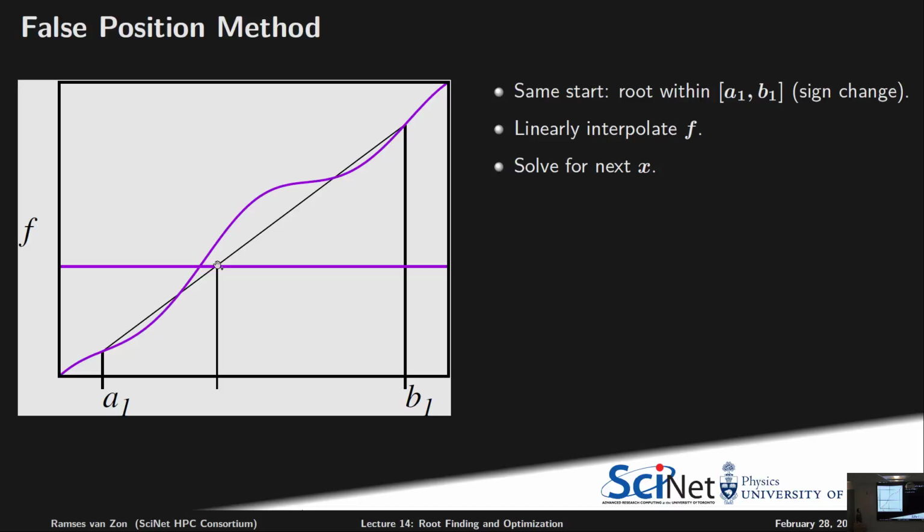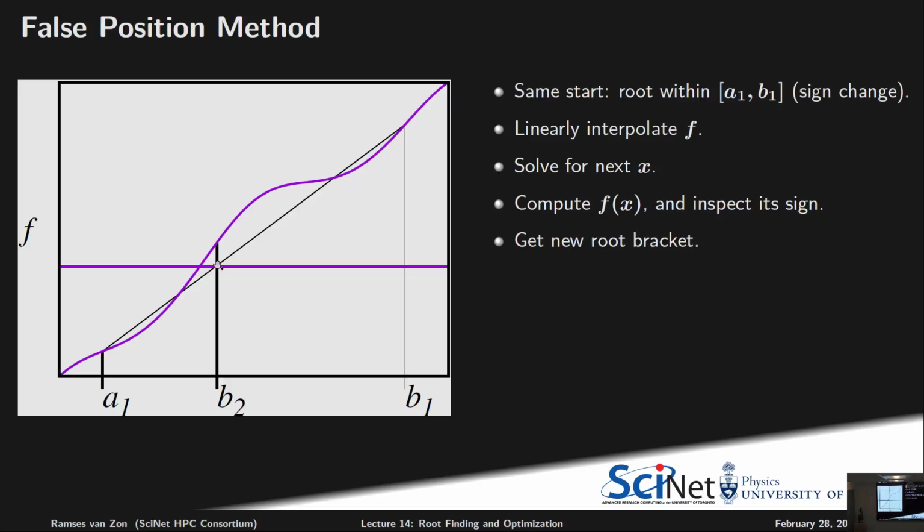And then I do the same thing. I figure out what the function value there is. I see if it's positive or negative. If it's positive, it becomes the new b. And then I continue. So I've got a new interval. I'll take another linear approximation. I'll find where it crosses the x-axis, and I will see what happens there. In this case, it becomes a new a.